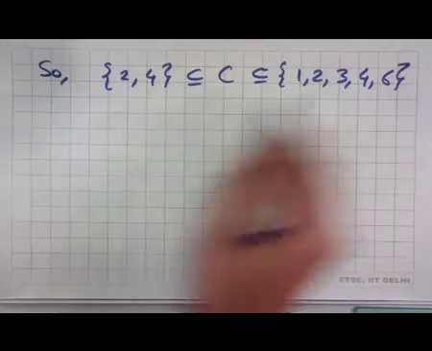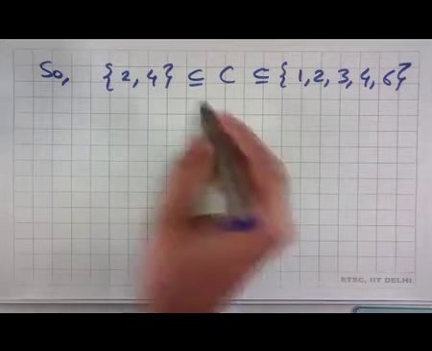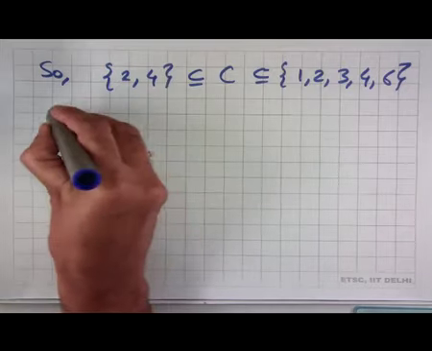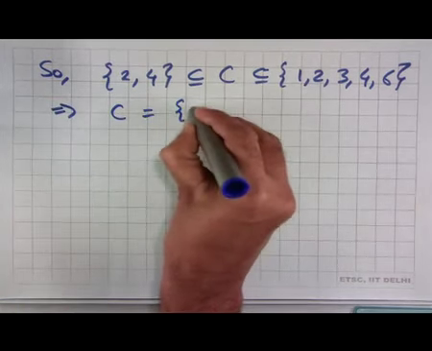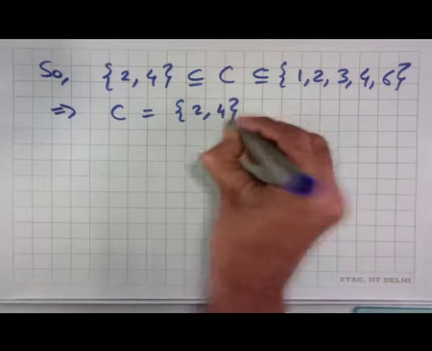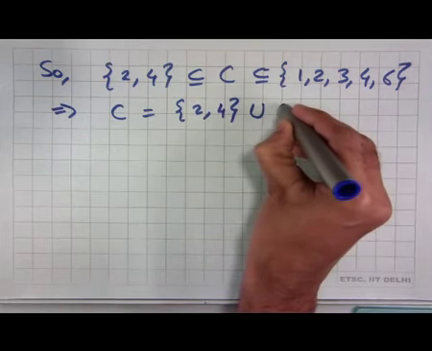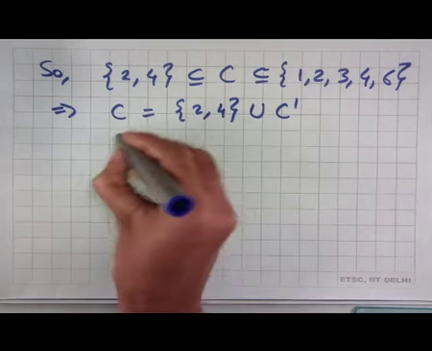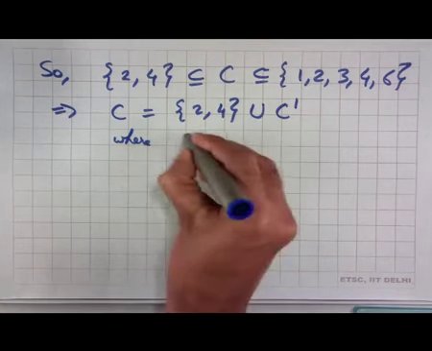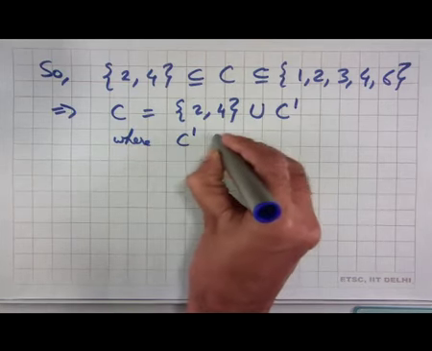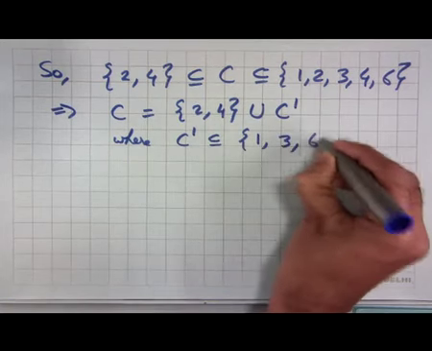But if these sets have many elements, then that will be difficult. So, what we can do here is, this implies C is equal to the set {2, 4} union with another set, let me call it C prime, where C prime is a subset of {1, 3, 6}.